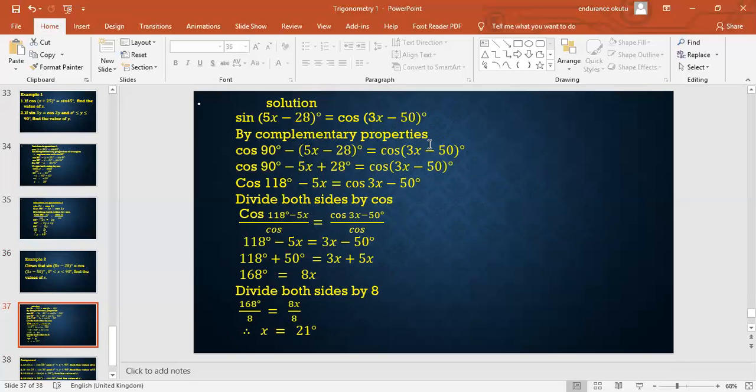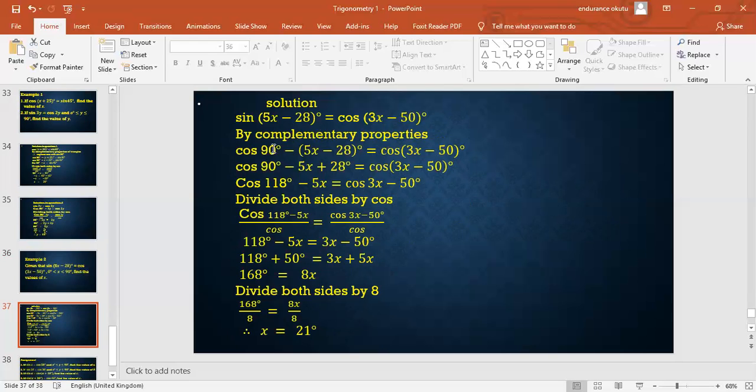By complementary properties, sine of (90 degrees minus x), or sine x, equals cos x. Now we want to replace sine with cos, so we are going to bring in 90 minus. The 5x minus 28 is representing that x.